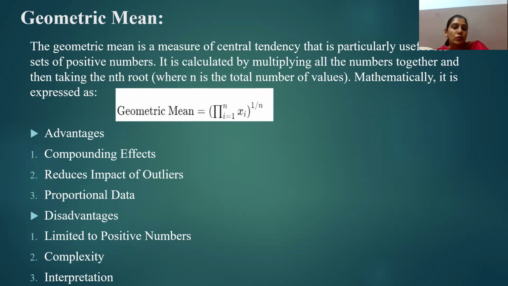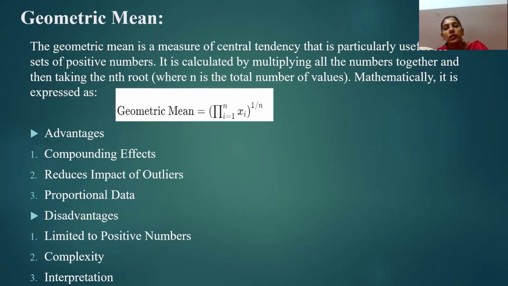Now let's come to the disadvantages of geometric mean. The first disadvantage is that it is limited to positive numbers. Basically, the geometric mean can only be calculated for positive numbers. If there are negative or zero values in a data series, then the use of geometric mean is inappropriate, or you can say it is undefined.